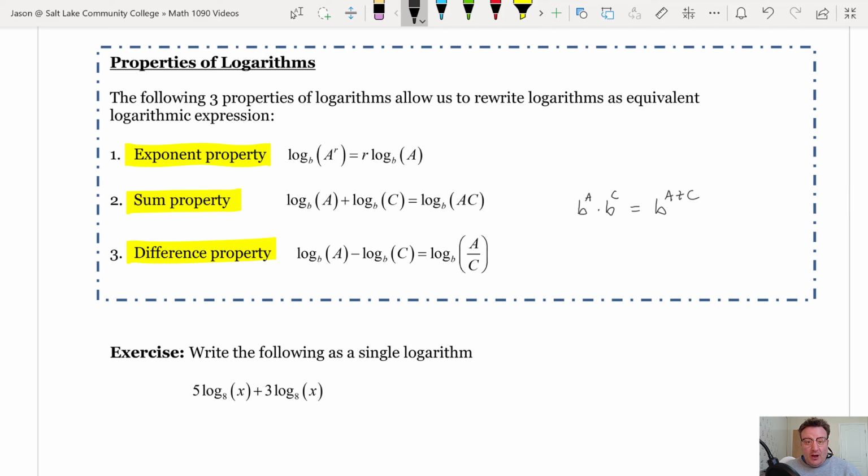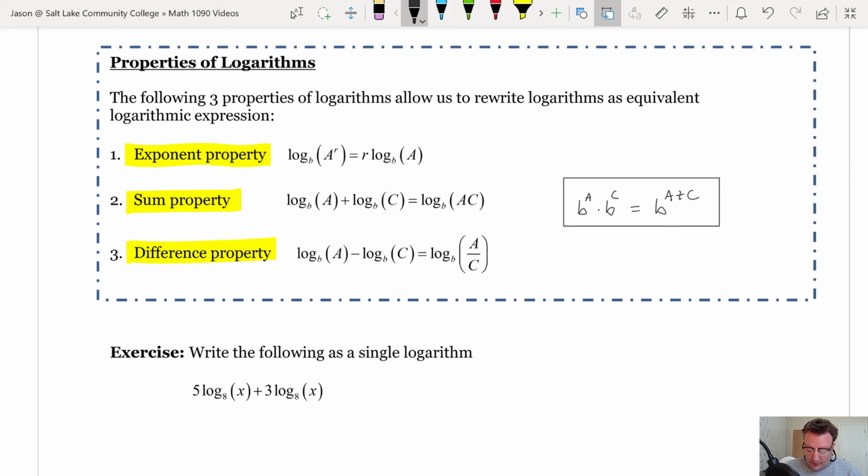And since the logarithm is the inverse of exponentiation, you would expect this to do the reverse, and that's exactly what happens. Here we have the product of two exponentials is equal to the exponential of the sum. Okay? Well, with logarithms, what does it become? It becomes the sum of two logarithms is equal to the logarithm of the product.